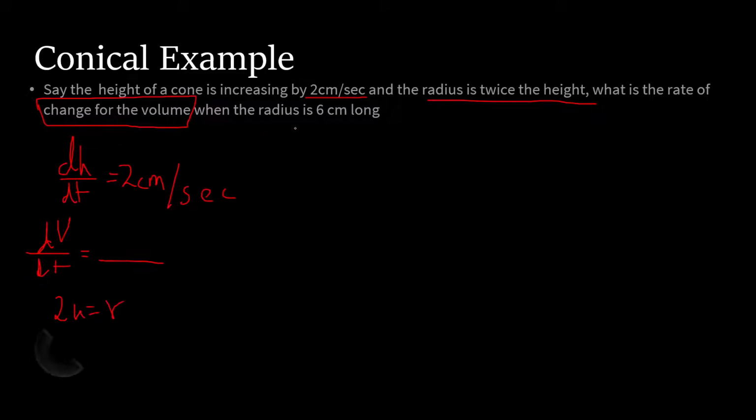So let's actually add in our equation. This is just the equation of the volume of a cone. And since we're solving for volume, that's why we are using the volume formula. Let's say, for example, we don't have the rate of the radius.